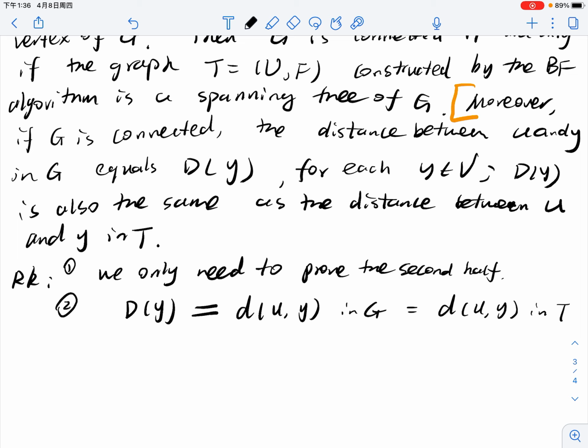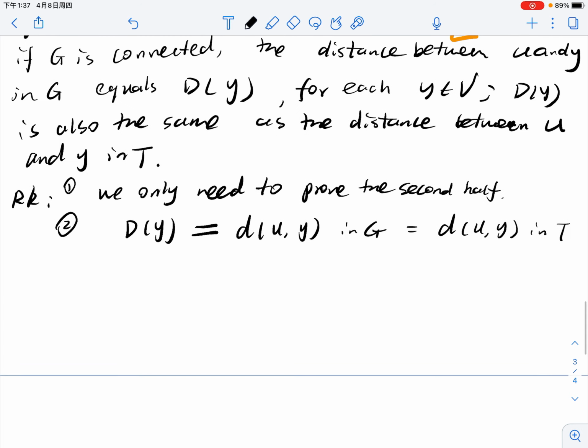So T is a subgraph, and you have a bigger graph. So the distance in the subgraph is the same as the distance in the bigger graph. So there's no difference between these two metrics. In general, in metric space, you will have some situation like the distance in the smaller graph is larger than the distance in the bigger space. Okay, but here, due to the algorithm, we can conclude these three are the same.